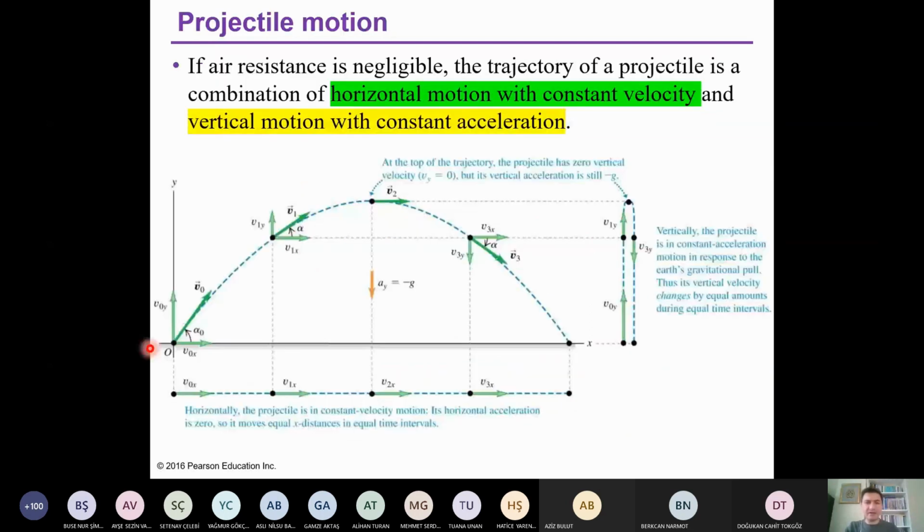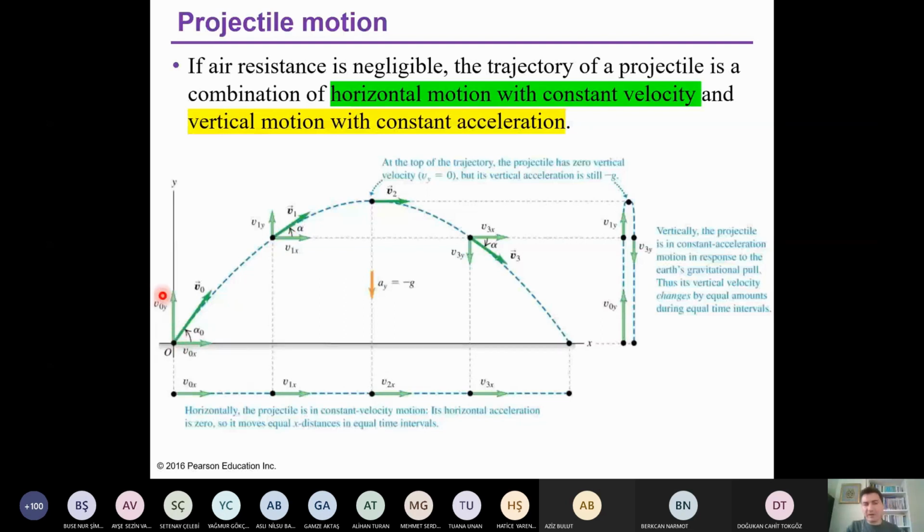This is the x-axis, this is the y-axis, and this is the v0, initial velocity. This is the alpha 0, the initial angle between the x direction and v0. So this is the x component of v0, and this is the y component of v0 here.